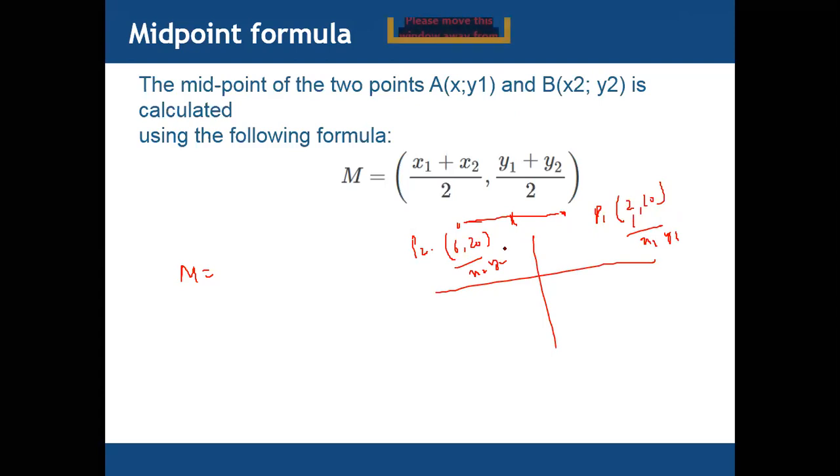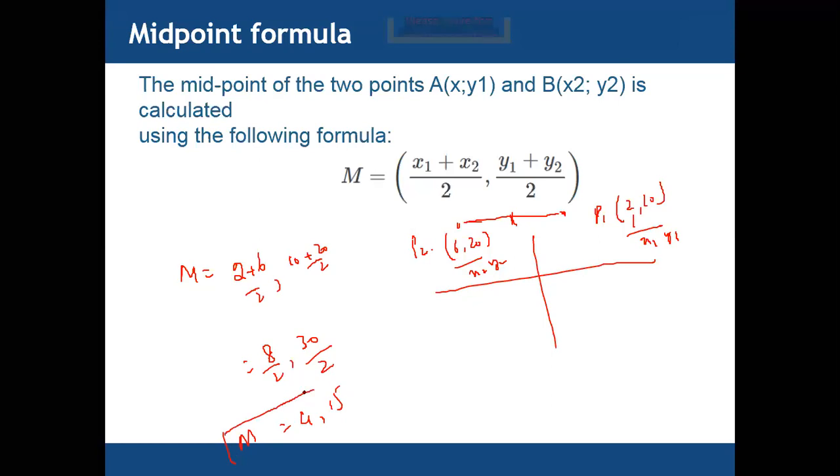So x1 is 2, x2 is 6, so 2 plus 6 divided by 2, and 10 plus 20 divided by 2. 2 plus 6 is 8, divided by 2 is 4. 10 plus 20 is 30, divided by 2 equals 15. So the coordinates of the midpoint between these two are 4 and 15.